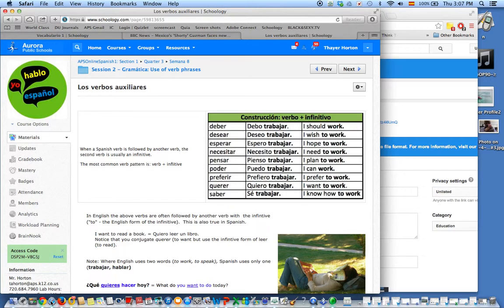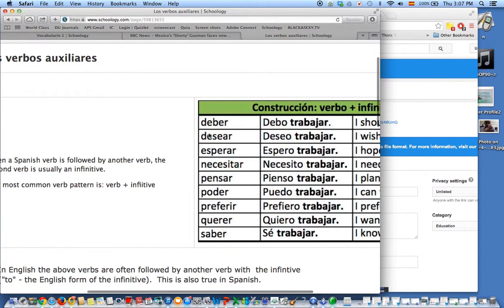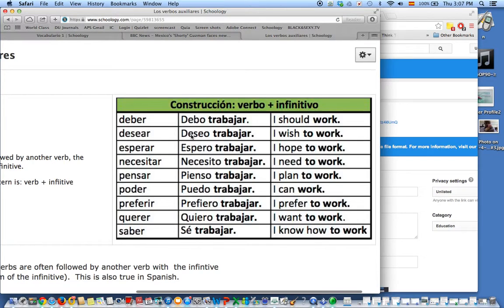So what we're doing here is using the infinitive with a verb that's already conjugated. If you want to say something like this one that we have here, let me zoom in for you, should work, or you're obligated to work, we have debo trabajar.